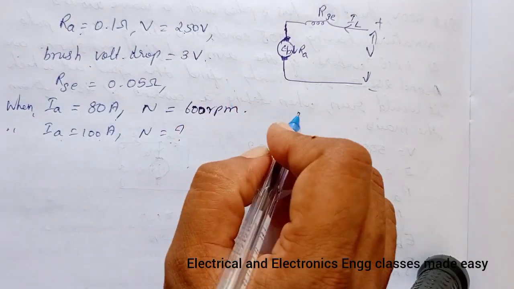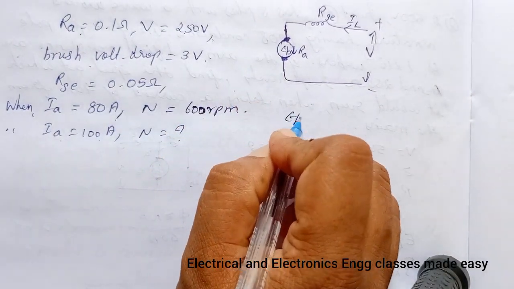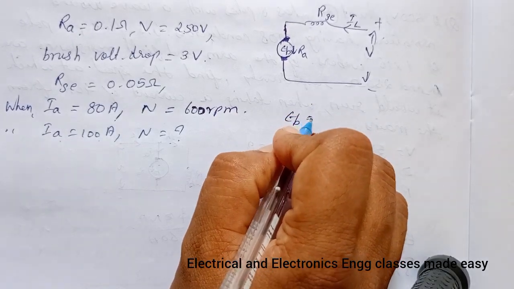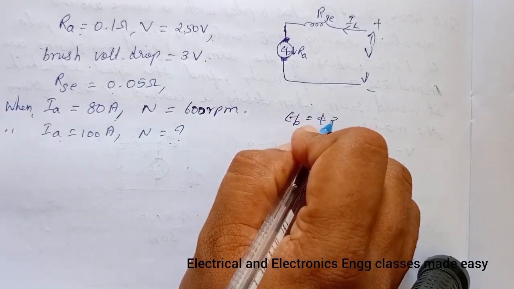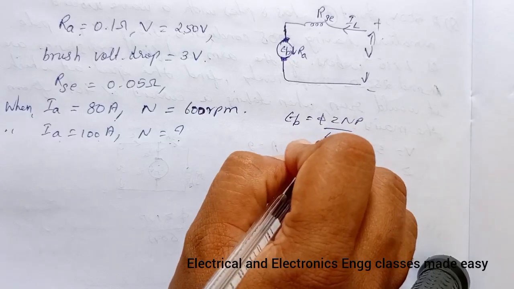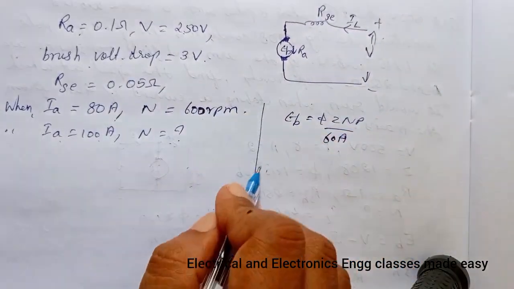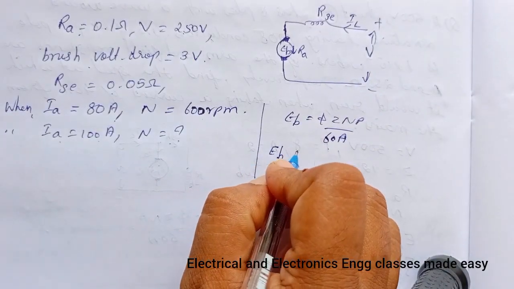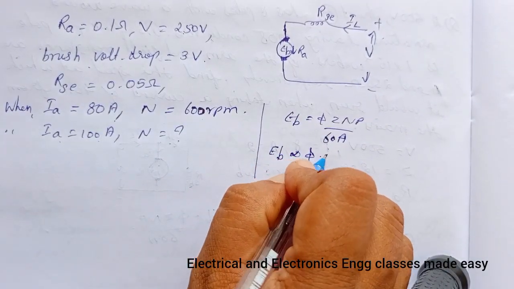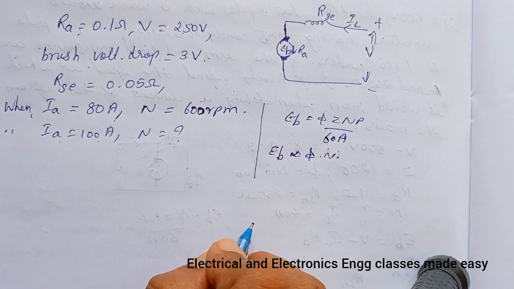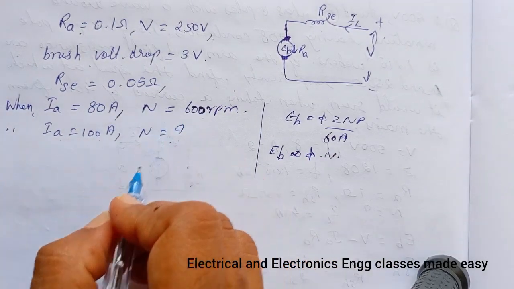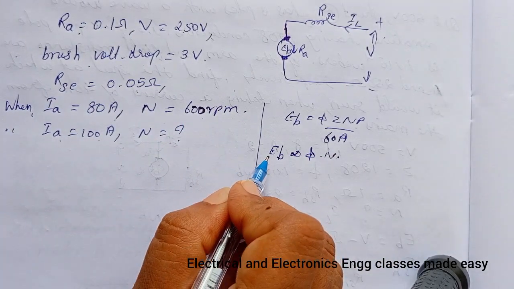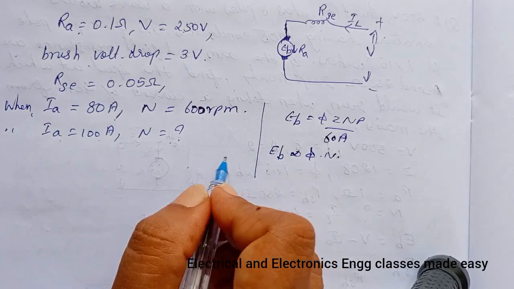We know the relationship between speed and EB. EB is equal to phi ZNP divided by 60 into A, and here we can write EB is proportional to phi into N. So first of all we have to find EB, that is back EMF.